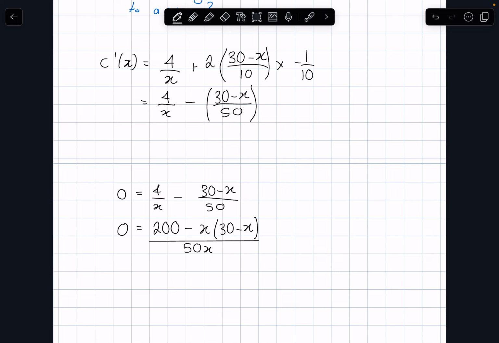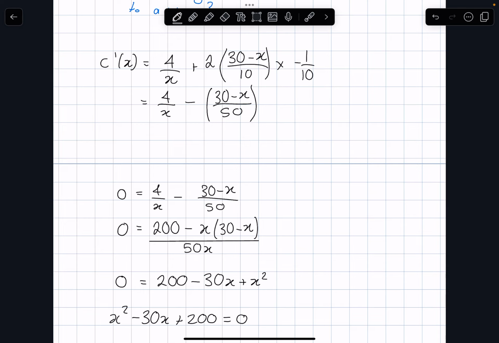The beauty of what we've just done is we can now ignore the bottom here and solve just the top for x. So 0 equals 200, take 30x, plus x squared, and I might just rewrite this the way we like it: x squared minus 30x plus 200 is equal to 0.